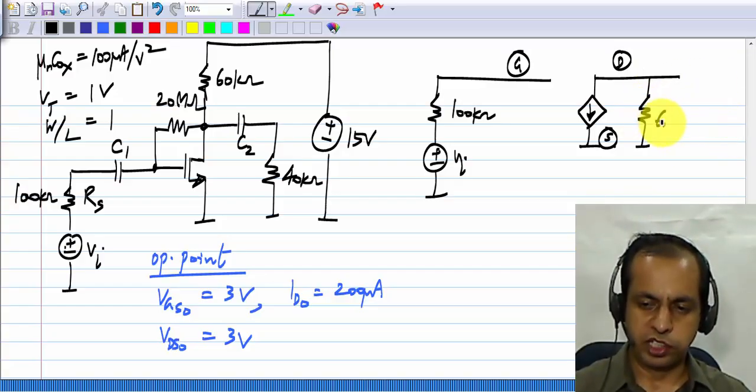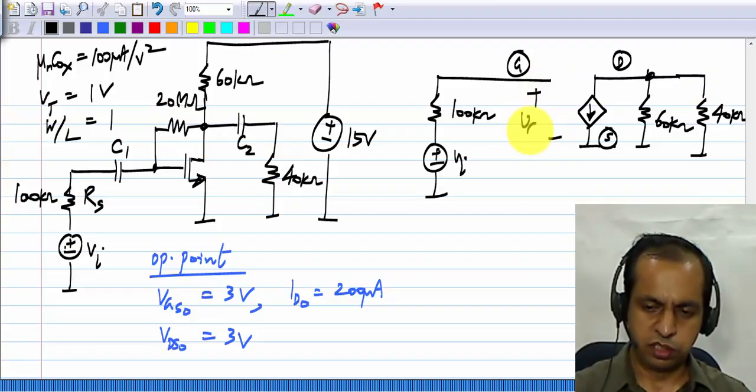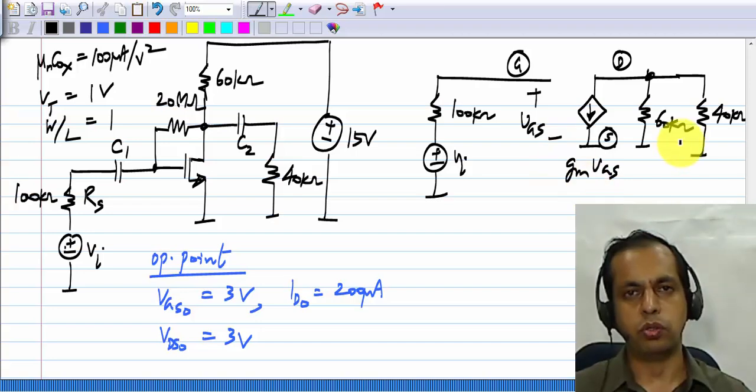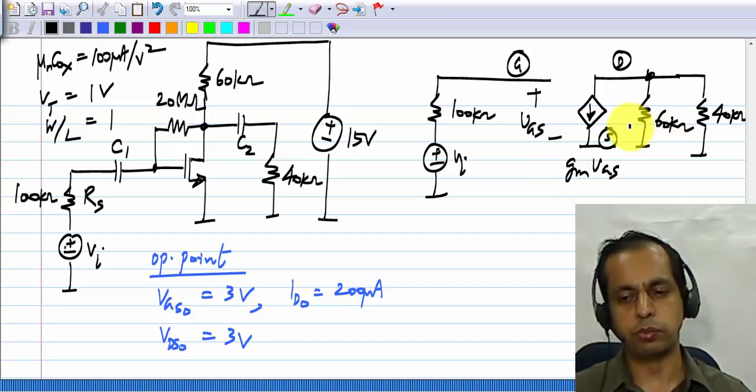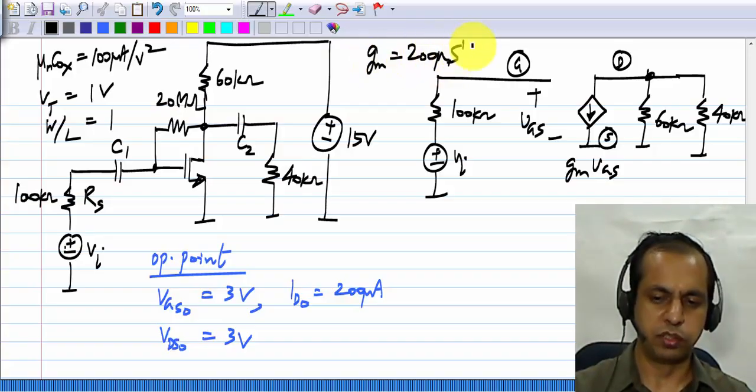I have the 60 kilo ohm resistor I use for biasing, and a 40 kilo ohm load resistor. This is VGS, and this is GM times VGS. You also know, having done these calculations many times before, that GM at this operating point is 200 micro Siemens.